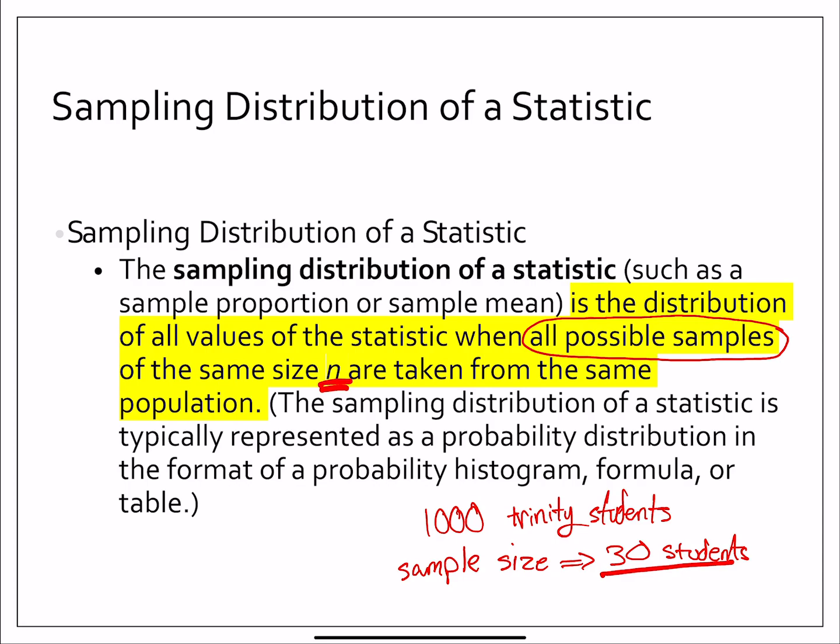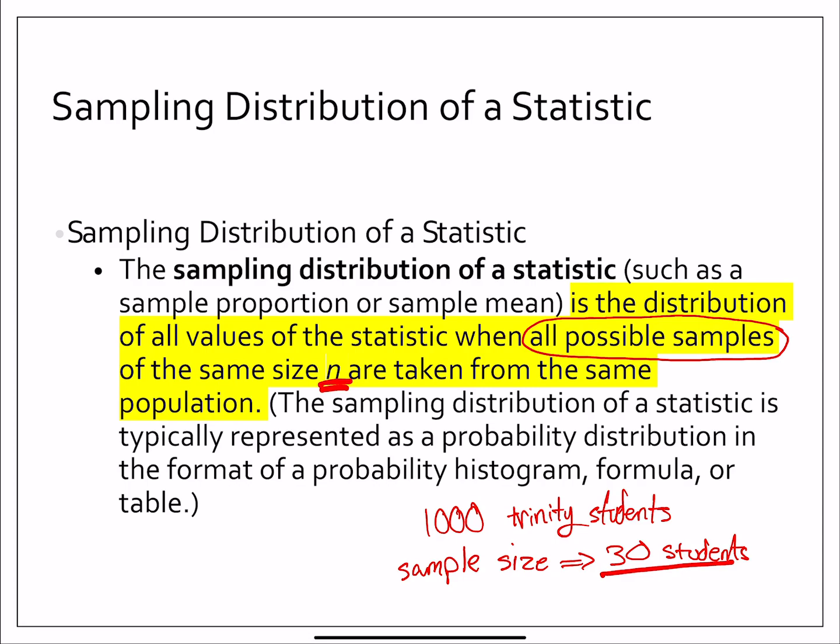So if we were to draw lines out, for our first, we just do some multiplication. Our first student, we would have a choice of 1,000 students to pick from. Our second student, we would have a choice of 999 students. Third student, 998 students, and we'd multiply that out all the way till we got to 971 students.